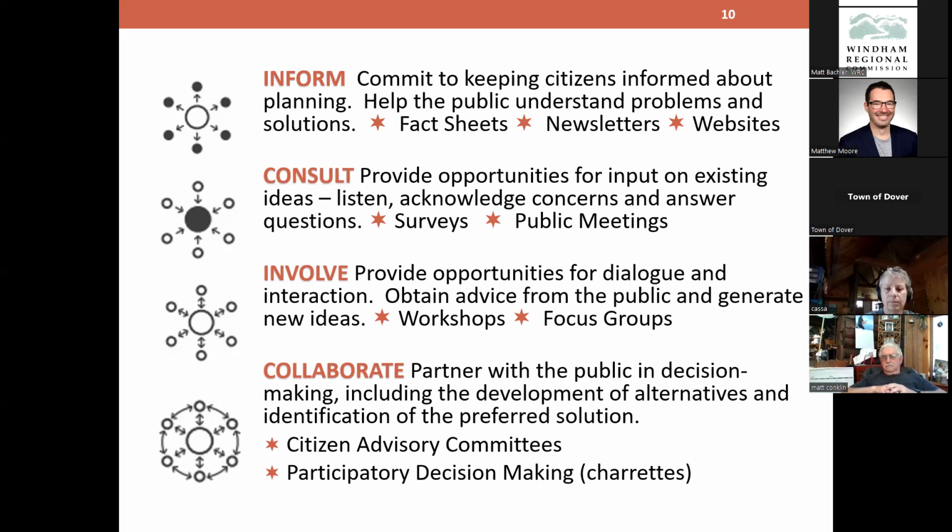So this might be posting information on your website about upcoming planning commission meetings where you're talking about the town plan update. It could be a newsletter article. It's informing. It's not necessarily seeking input from members of the public, but it's an important part of the planning process to just inform on how the process is going.